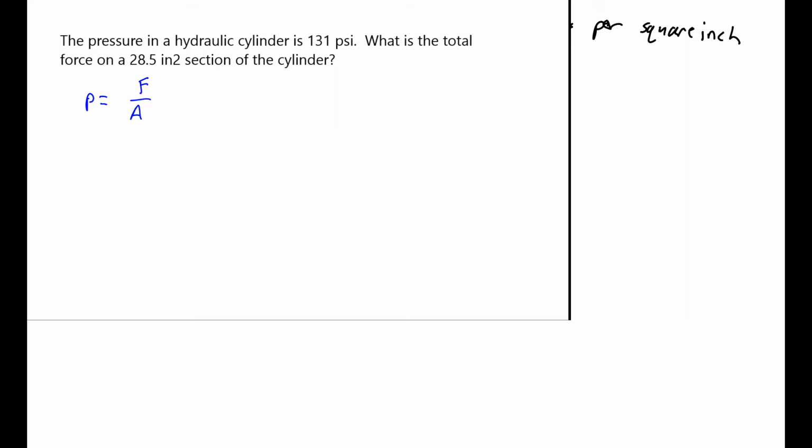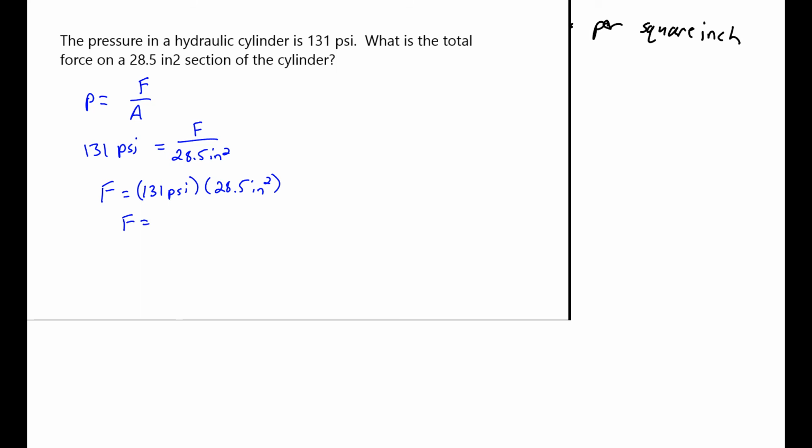So our pressure is 131 psi equals our force divided by our area, which is 28.5 inches squared. So our force ends up equaling 131 psi times 28.5 inches squared.